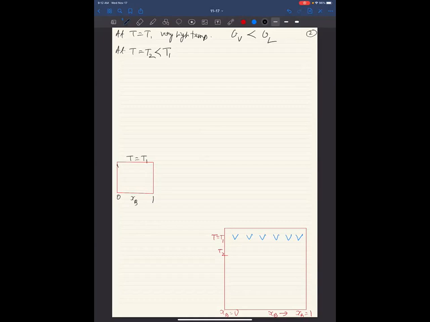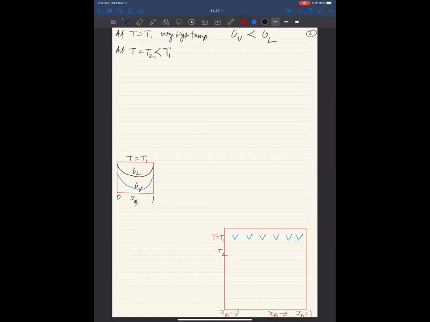So the liquid free energy will look something like this, and the vapor free energy will look something like this. This is G liquid, G vapor. Everyone happy with this? Anyone unhappy with this? All we have said is that at any composition, vapor will have a lower free energy. You can do whatever you want, you're just going to get vapor, which is common sense at very, very high temperature.